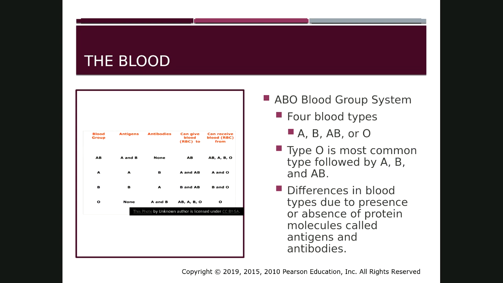The universal donor, the person that can give to every group, is O. The universal recipient, the person that can receive from everybody, is AB. Please be aware that patients will get cross-typed and matched prior to surgeries to make sure that they have compatible blood types.